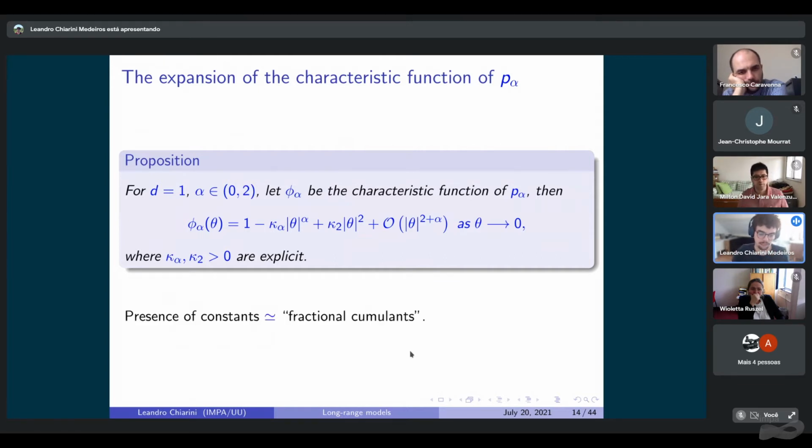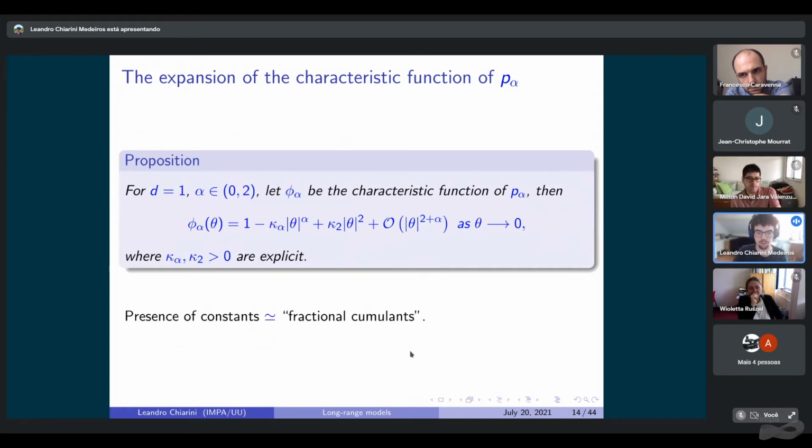The idea here is that the presence of those constants, so kappa 2, is almost like a cumulant. Cumulants are one of many ways of understanding the Gaussianity of a distribution. This is used in probability often. Basically, we're allowing for powers that are not just integer, but can be any fractional cumulant instead of just integer powers.